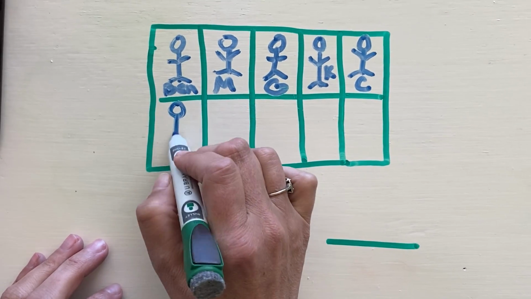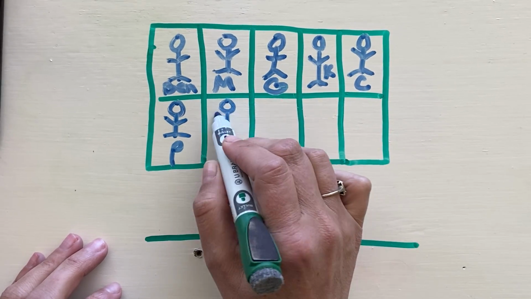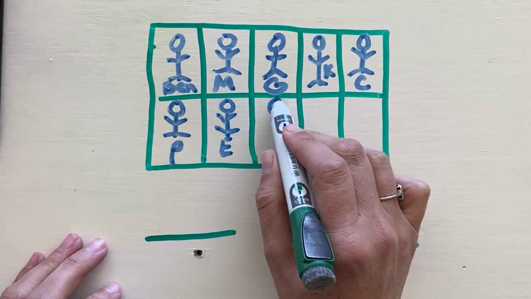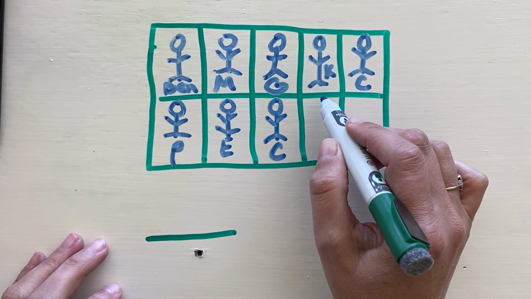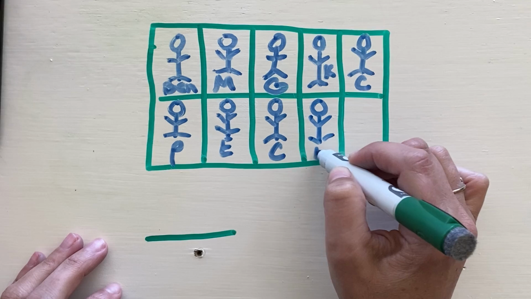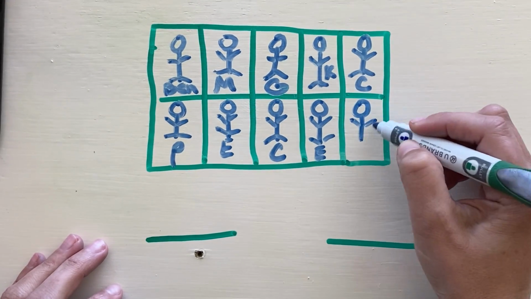And Peyton today. Eli. Calvin. Easton. And Elaney.